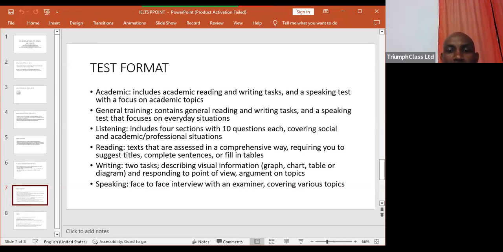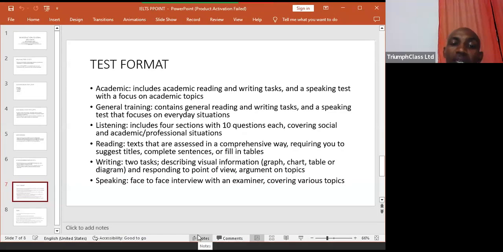We have the speaking component. This is a face-to-face interview with an examiner. You sit with an examiner, and it is a formal interview. It covers various topics.